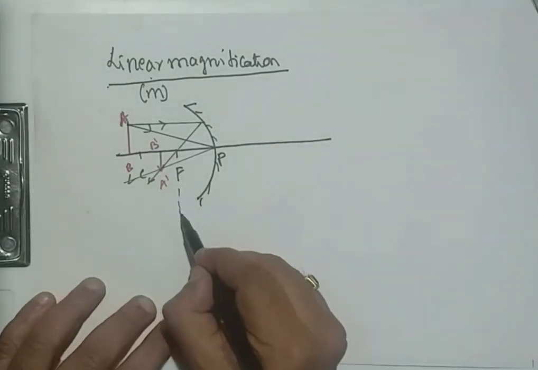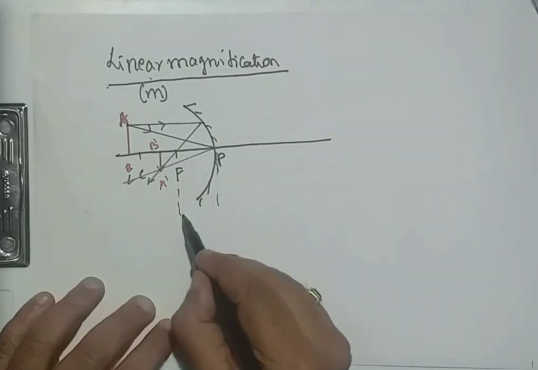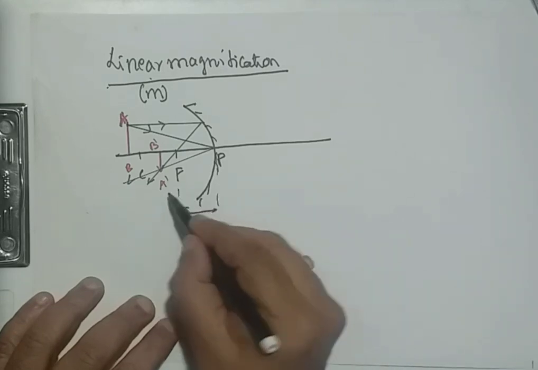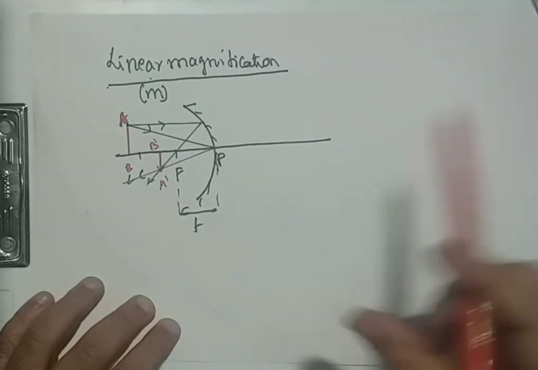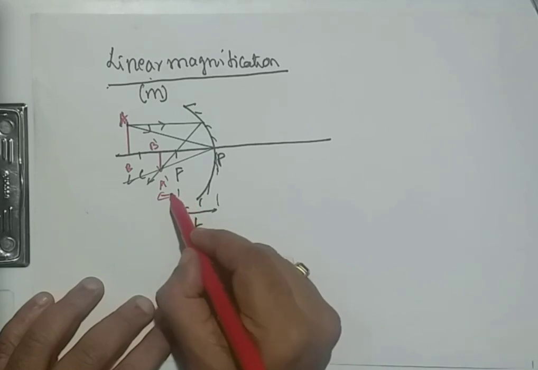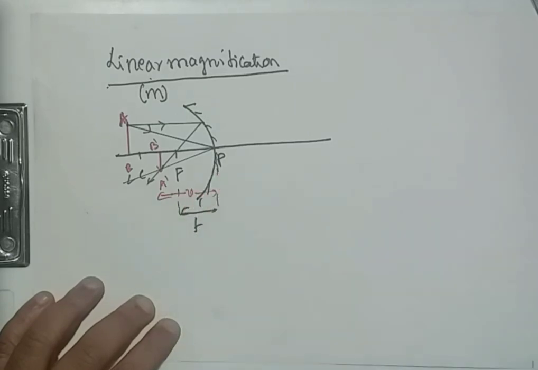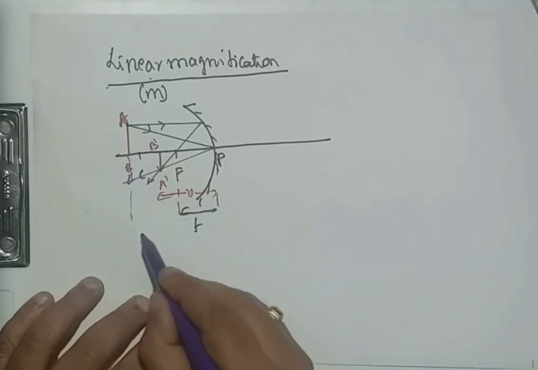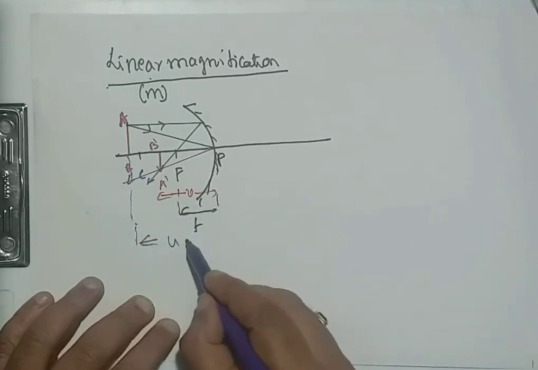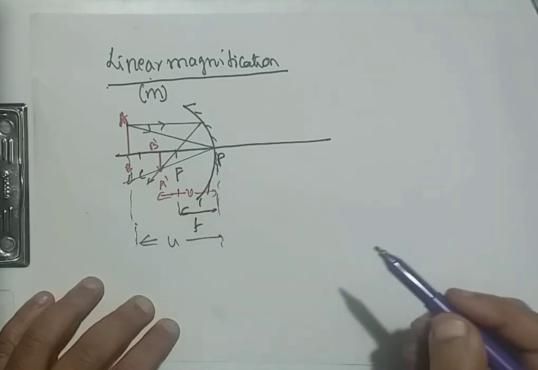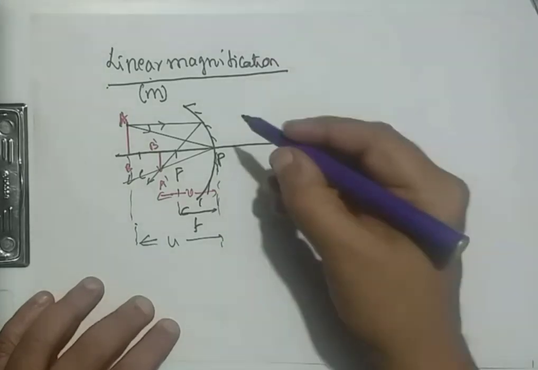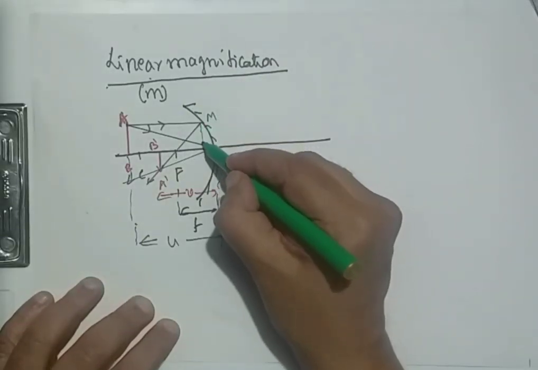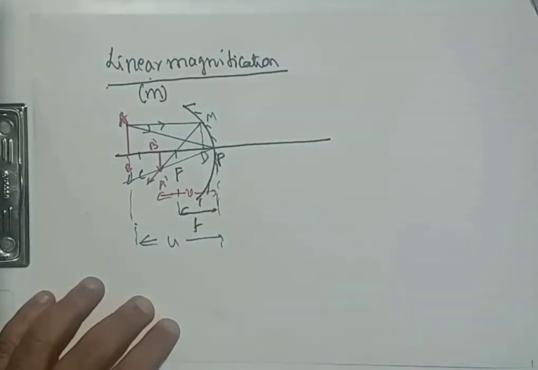And this distance to focus is F, and then image to pole is V, this distance is V, and then object to the pole is U. The same figure I have written once again. Now we write M also here, and also we drop a perpendicular D there.